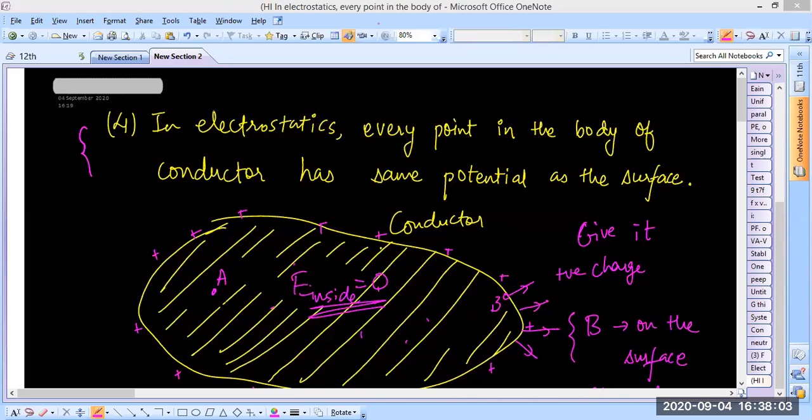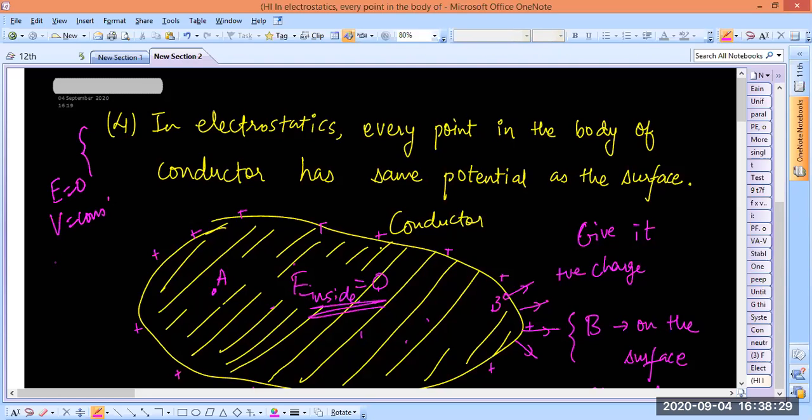Okay, right? The easiest way to understand or to write it is, yes, Jay, I was going to come to that sentence. Right, Swarali, I'll answer your question as well very soon. Just a minute. So the easiest way to understand this is that inside the body electric field is zero, so potential should be constant, and this will happen only up to the surface, right?